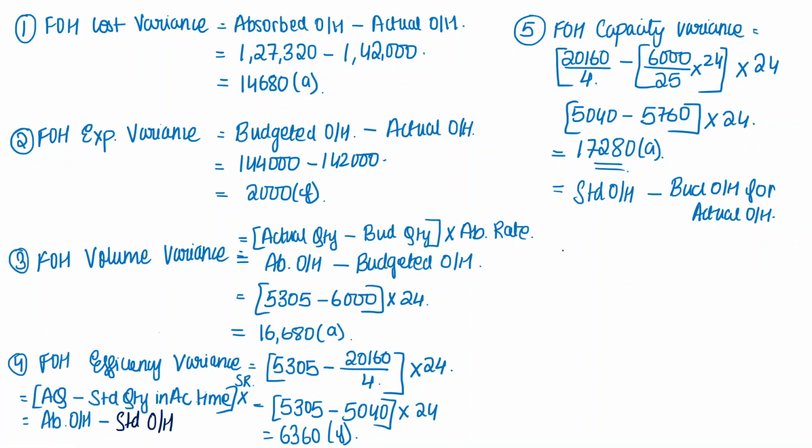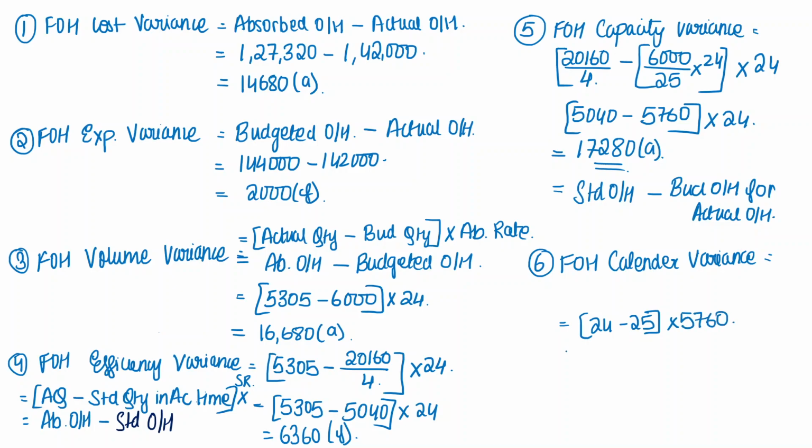Last variance is very simple. That is variance number 6, fixed overhead calendar variance. You should have worked for 25 days. You worked for only 24 days, because of which you have absorbed 5760 rupees less. So 5760 adverse.